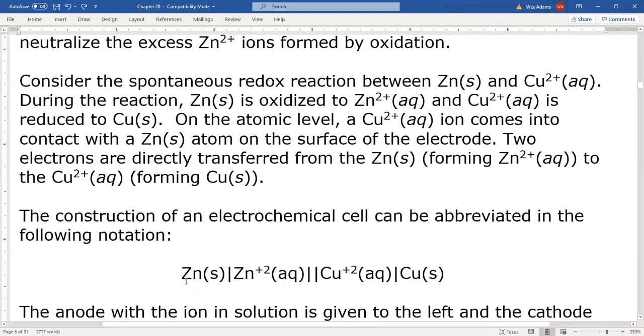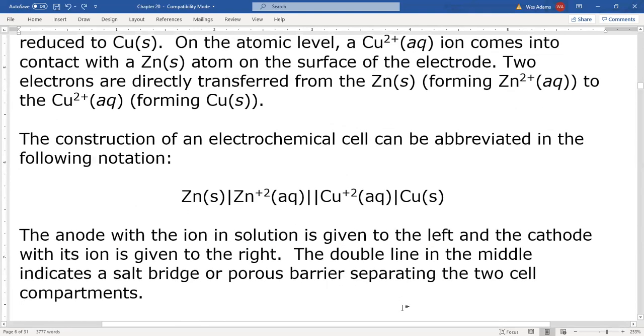If there's an inert electrode, there may be another line with, say, graphite or something over here. The double line separates the two cell compartments. Then you've got the ion that's in the cathode solution that's involved in the redox, and then the reduced form, which is actually our electrode in this case. So we have everything on the anode to the left, and everything on the cathode to the right, and everything separated by one or two vertical lines.